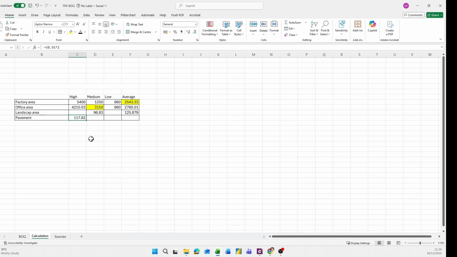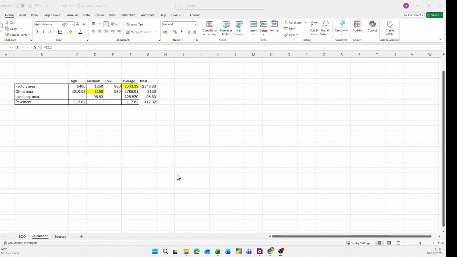So our final analysis price for the factory building is we keep the average one, for the office area we keep the medium one, and landscape and pavement we already got.